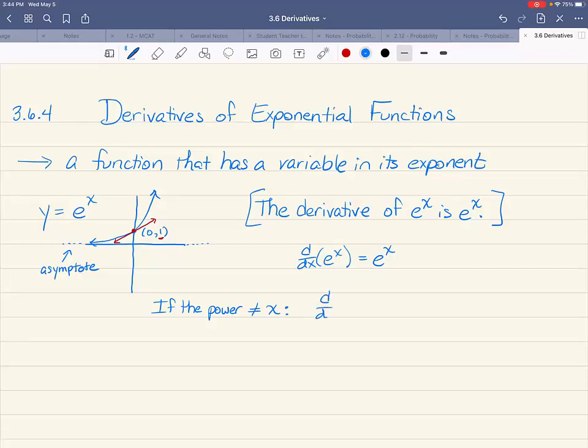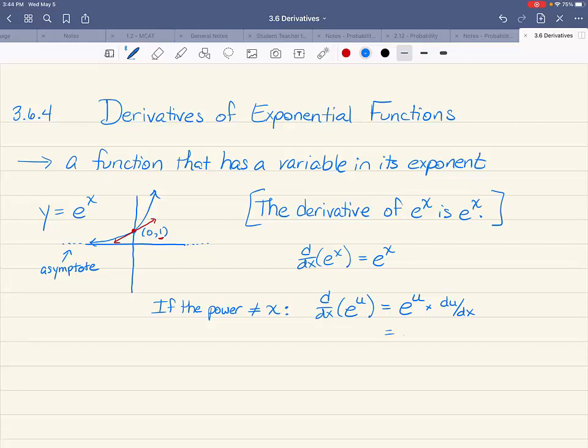It is the derivative of e to the power of u. So u is another function. The way you do this is you have as its answer e to the u again, but then it is times the derivative of the u with respect to x. So that'll make a little more sense once we do one.